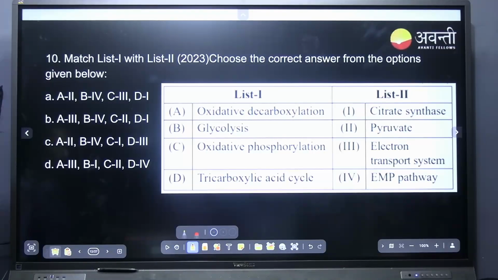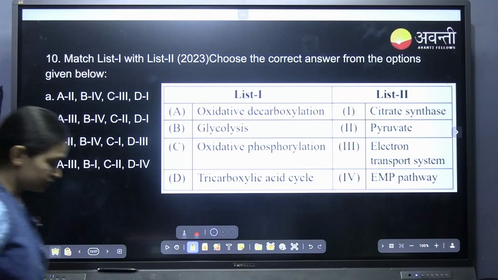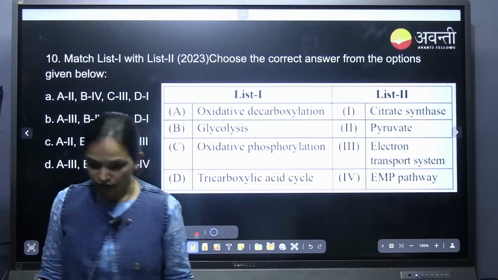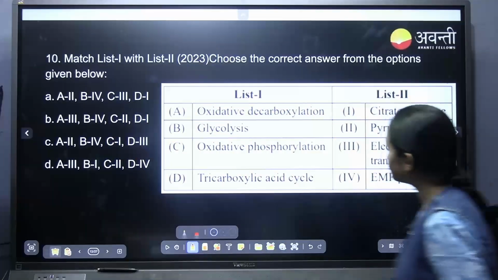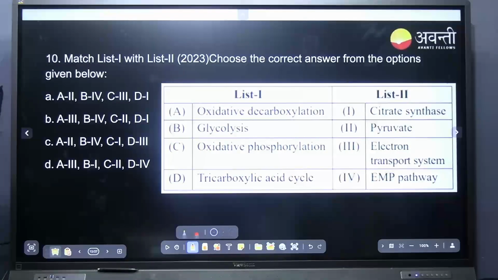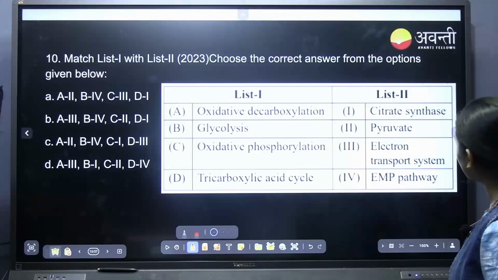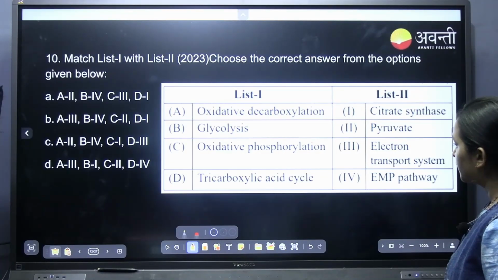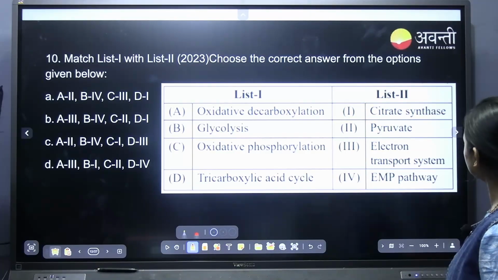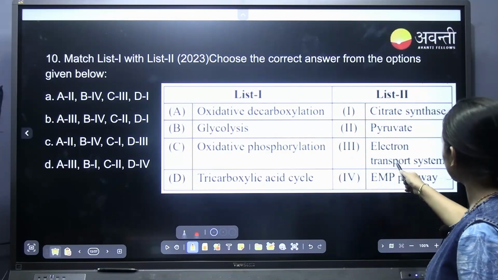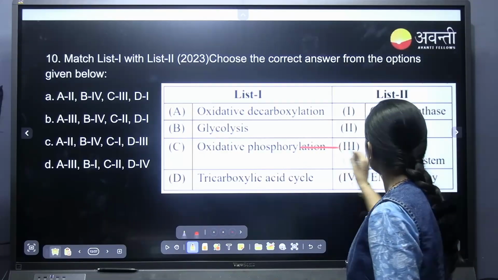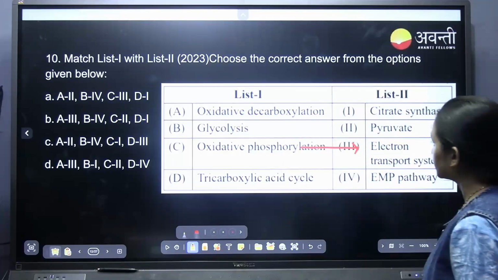Match list 1. Again match the following. Oxidative decarboxylation. Where will oxidative decarboxylation of pyruvate be taking place? Oxidative phosphorylation will be taking place in the electron transport system.